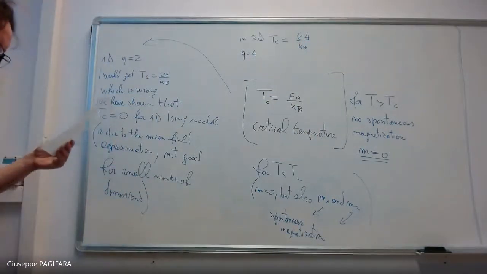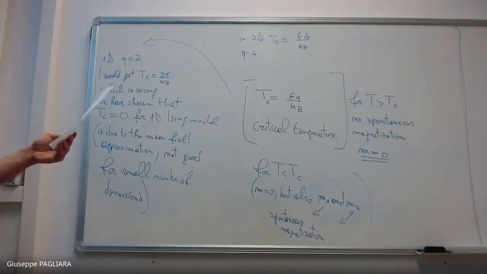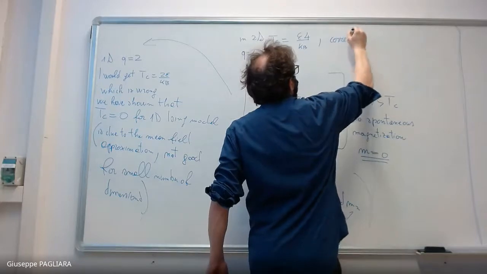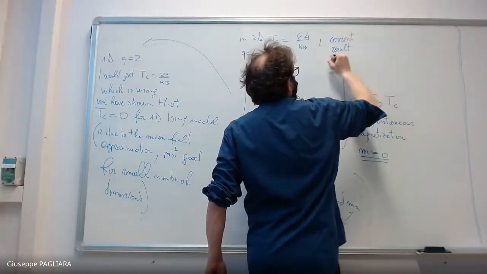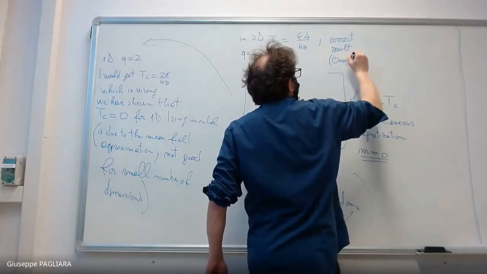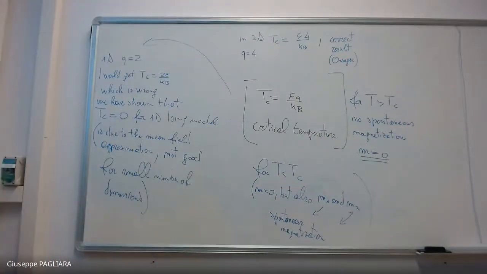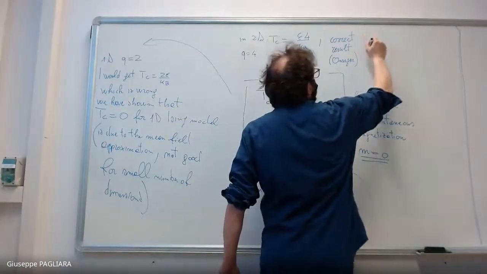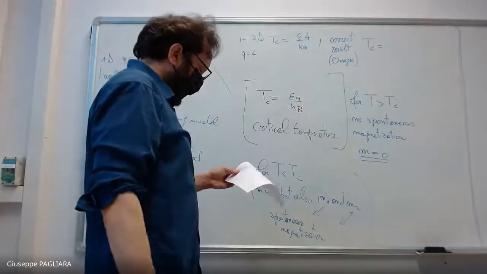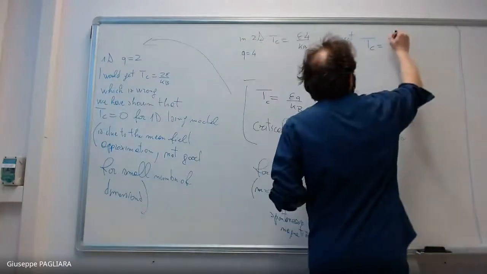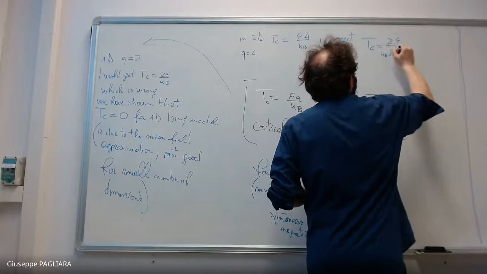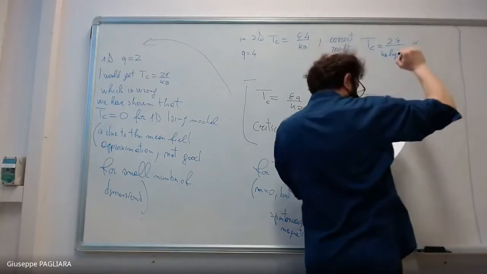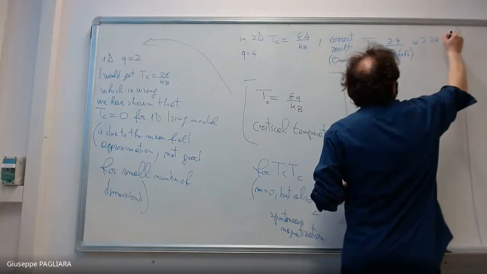But the correct result, because as I said, one can solve analytically the two-dimensional Ising model, it's called the Onsager solution, would be Tc equal to twice epsilon divided by Kb, divided by log of 1 plus square root of 2, which is equal to 2.27 epsilon divided by Kb.